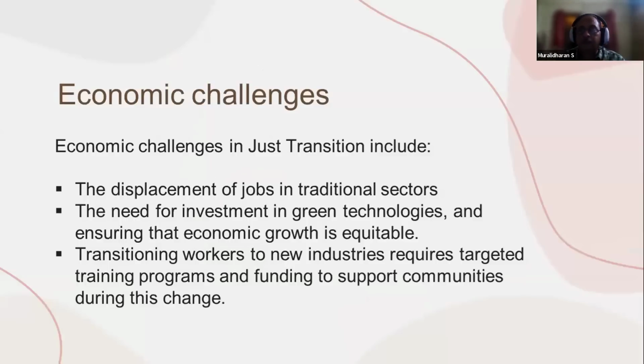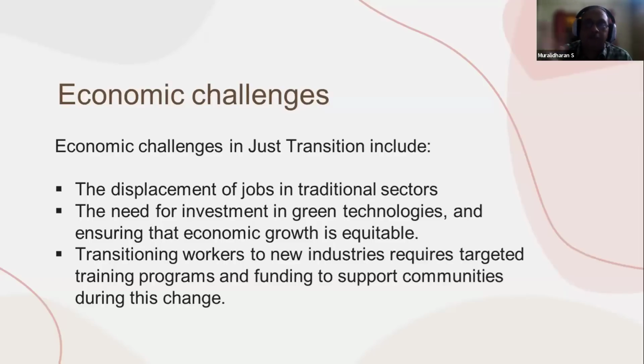So imagine for a second that the just transition is being brought in. The petrol pumps are closed. The petroleum refineries stop functioning. Coal plants which generate power are all stopped. Now, what will happen to the employees there? What will be the job opportunities for them? So this is a question mark.